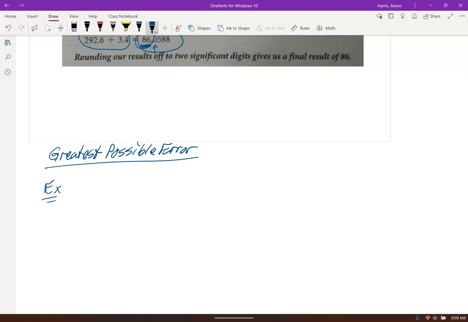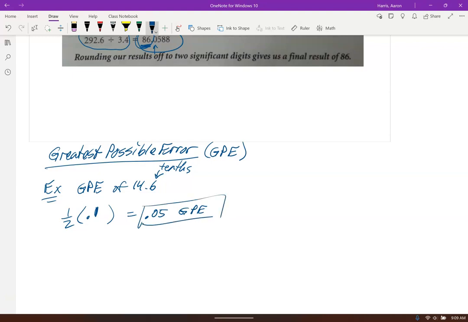Let me do, find the greatest possible error, and that's called GPE, the initials GPE, greatest possible error. Find the greatest possible error of 14.6. Well, this goes to the tenth position. So it's half of the tenth position, so 1/10, 0.1. So half of 0.1 is 0.05. That's your greatest possible error.